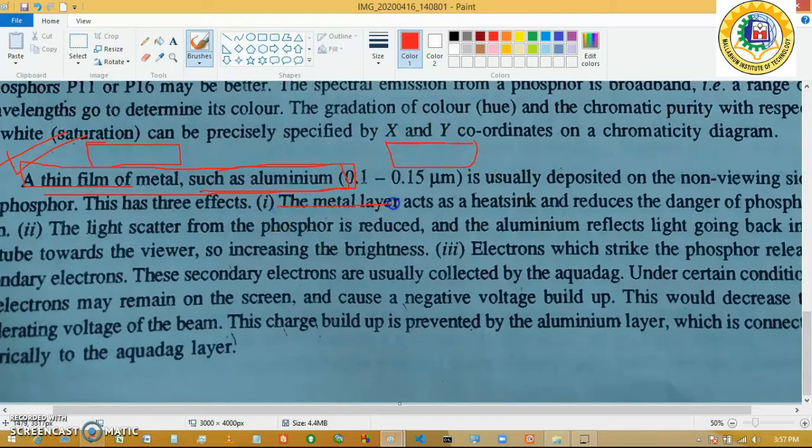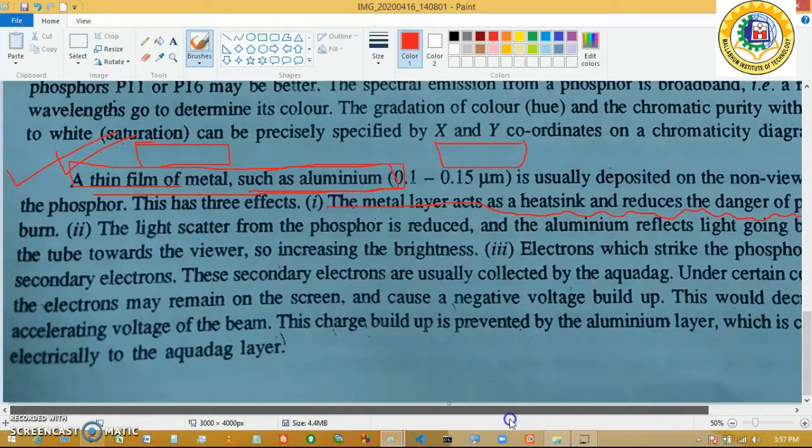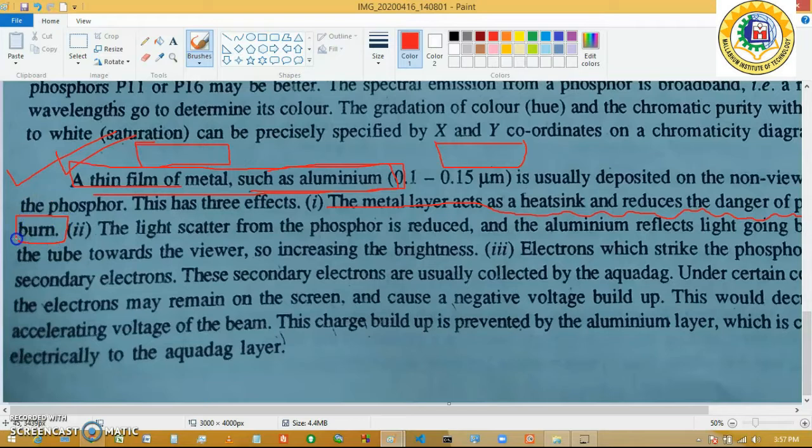This metal layer acts as a heat sink and reduces the danger of the phosphorus burning, because if the temperature continues to rise, there must be a heat sink material, as is also used in computers. So this heat sink material is provided in the CRO in the form of the aluminium coating on the back of the faceplate. The second advantage is that the light scattered from the phosphorus is reduced, and the aluminium reflects the light so that the viewer can see the waveform with much higher brightness.